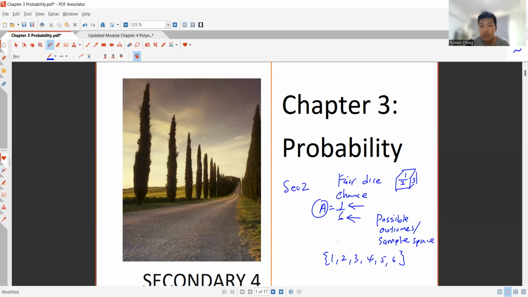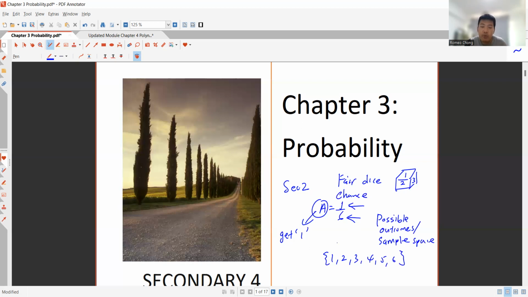My possible outcomes. Then after that, because just now your event A is asking for the chance to get a digit 1, you know that this 1 is only one of the surfaces on the dice, meaning that out of the 6 surfaces, there is only one surface with number 1.